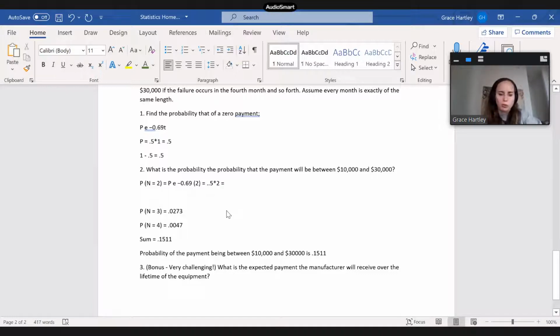So it would be whatever point this is, 0.25. But then you would still say, okay, this is the chance it fails after that. So basically, you are calculating the probability of the equipment failing during the second month, third month, and fourth month. So it equals 0.5 times 3 equals something like 0.125.